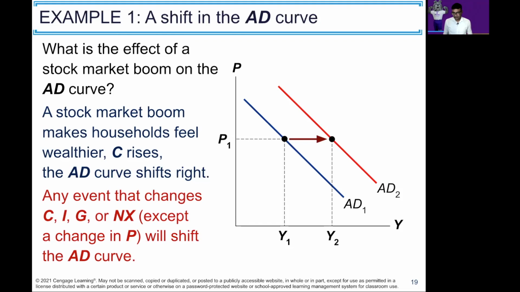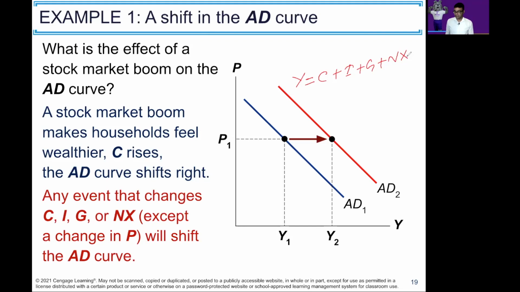For example, a stock market boom makes households feel wealthier. In that case, they have more wealth, consumption will increase, and ultimately the aggregate demand curve shifts to the right. So when you study the aggregate demand curve, always keep in mind the equation Y equals C plus I plus G plus NX.